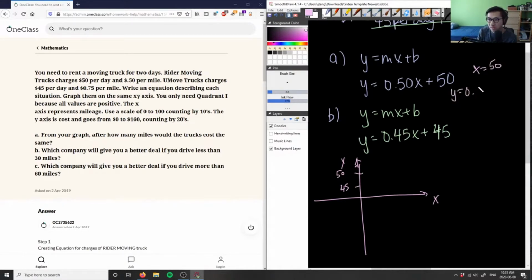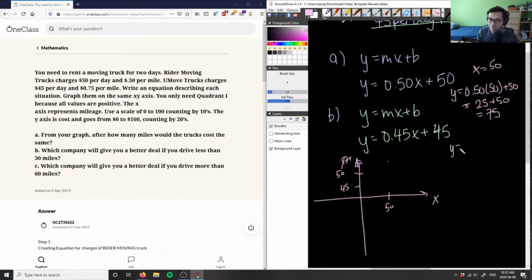Y is going to equal 0.50 times 50 plus 50. Half of 50 is 25, plus 50, which equals 75. So in the first one, it's going to be 75.